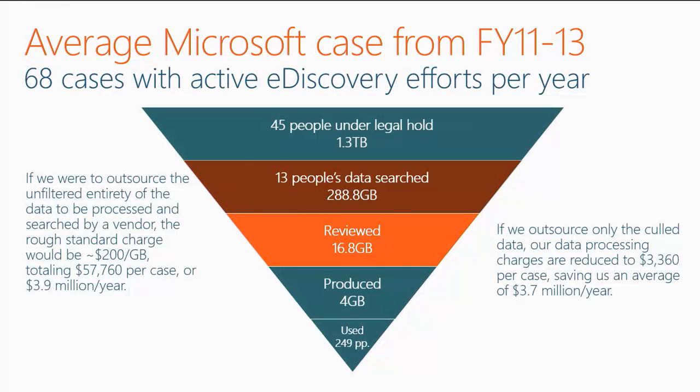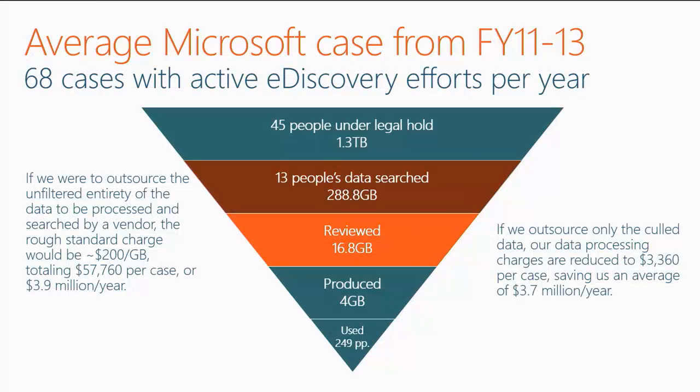what we actually found is that the average cull over our cases for the last 3 years has been 95%, meaning that only 5% of our custodians' data has actually been deemed relevant to actually be worth reviewing in any given case, right? Some cases have worse culls, some cases have even higher culls, but 95 has been the average.